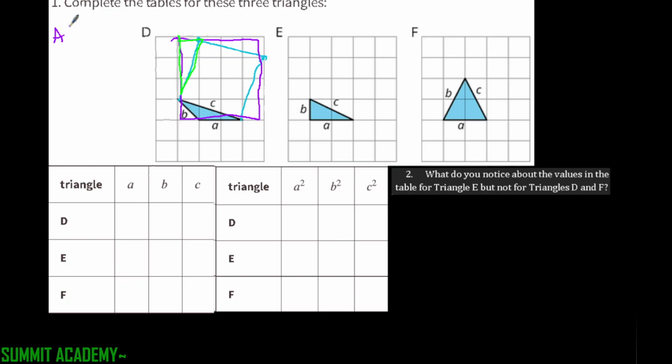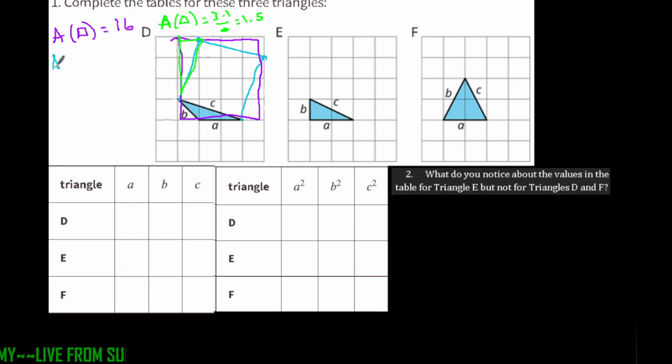So it would be like this. The area of the big square is going to be 4 times 4, which is 16. The area of the triangle is going to be, let's say, 3 times 1 divided by 2, which is 1.5. Take 4 times that amount.